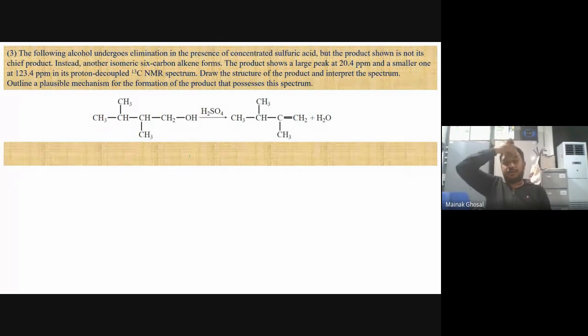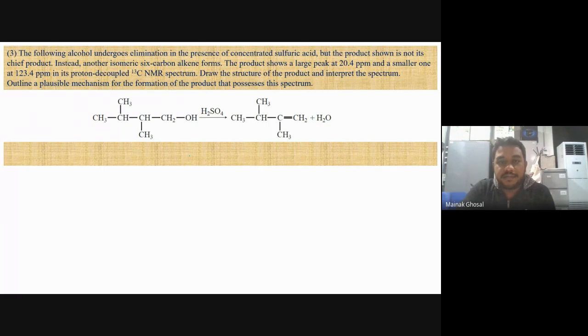It's a huge question, but the answer is very simple. The following alcohol undergoes elimination in the presence of concentrated sulfuric acid, but the product shown here is not its chief product. Instead, another isomeric 6-carbon alkene forms.